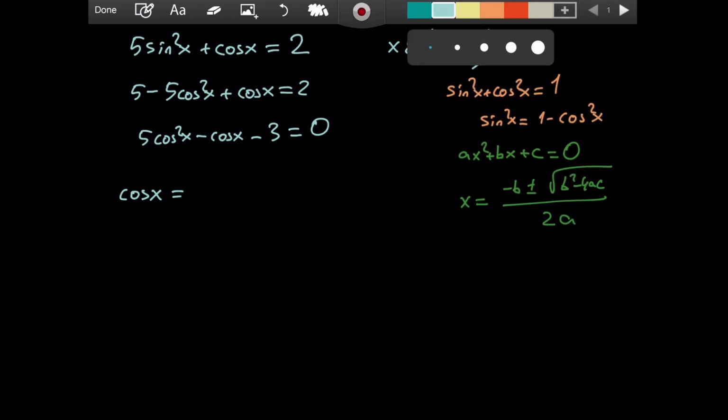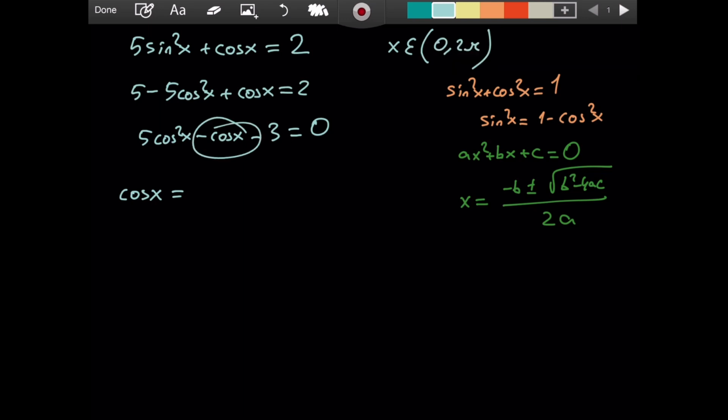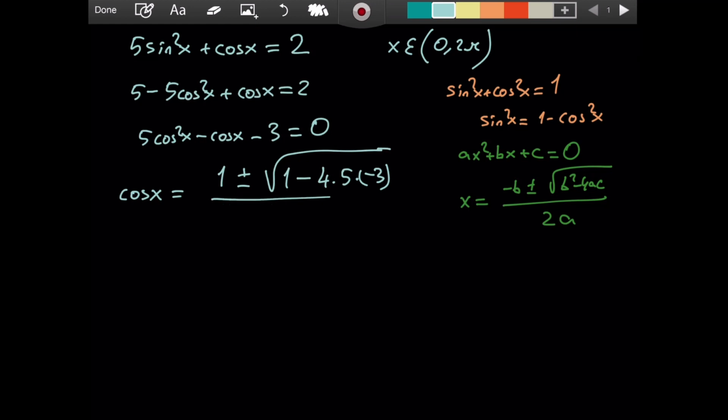So, well, let's just use this for our case then. Negative b is the coefficient of cosine of x, which is negative 1. Then we have the negative, so it is 1. Plus or minus the square root of b squared, which is going to be 1, minus 4 times a, which is 5, times c, which is negative 3. And then we divide that by 2a, which is 10.